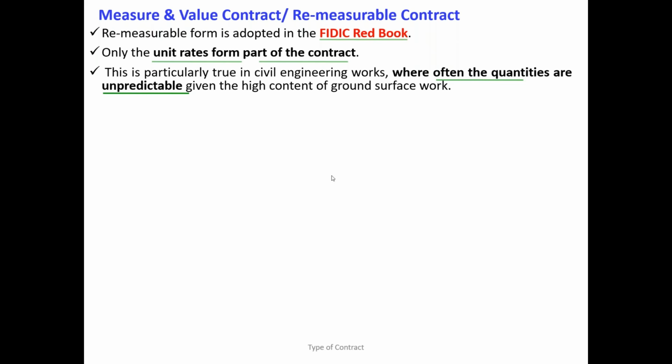Whereas in the lump sum contract, the works are well defined and the contractor is able to give a defined price. But in the measure and value contract, the works are not defined. So if you are a contractor and the work is not defined, will you give a defined price? Is it possible? No. Let's take an example.